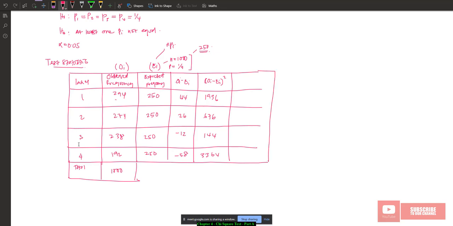And next we're going to calculate the goodness of fit value. Goodness of fit value is observed minus expected squared, divided by expected, right? So this is the same value here, 1936 divided by the expected frequency.